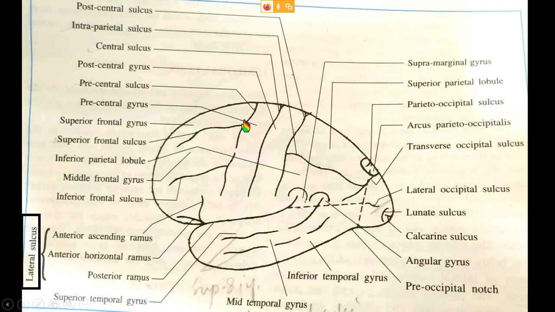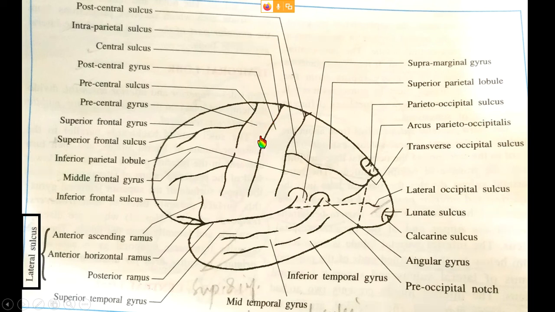First one is the precentral sulcus. The precentral sulcus lies in front of and parallel to the central sulcus, and the precentral gyrus intervenes between them. So this part is called the precentral gyrus, which is present between the precentral sulcus anteriorly and the central sulcus posteriorly.